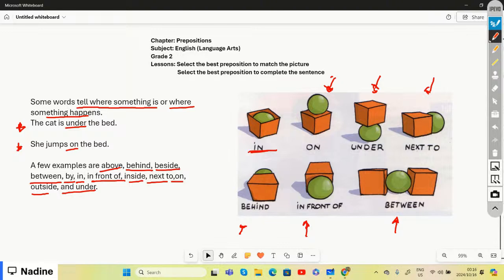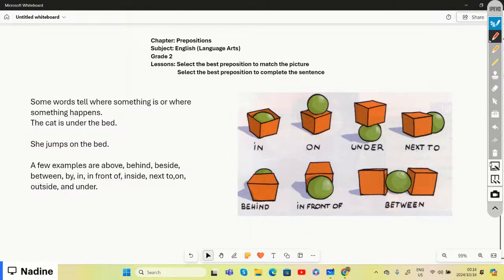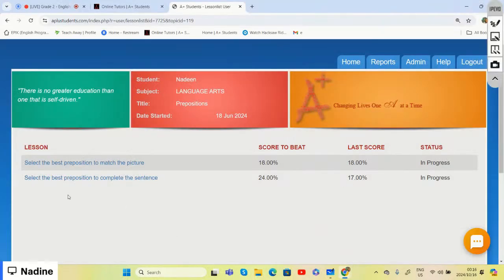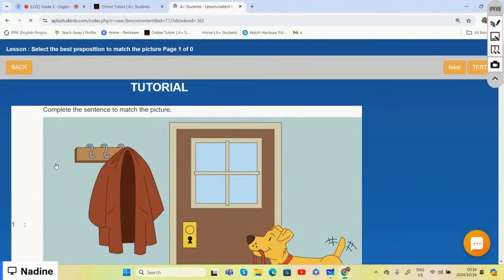Before we come back to this one, let us go to aplusstudents.ca, and we're going to select the best preposition to match the picture. We need to look at the picture and say where something is.